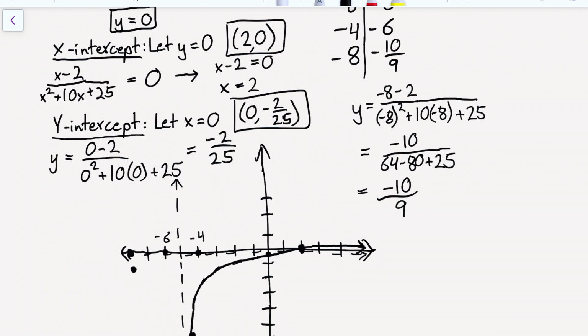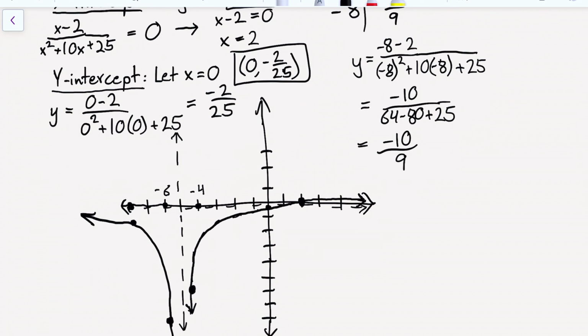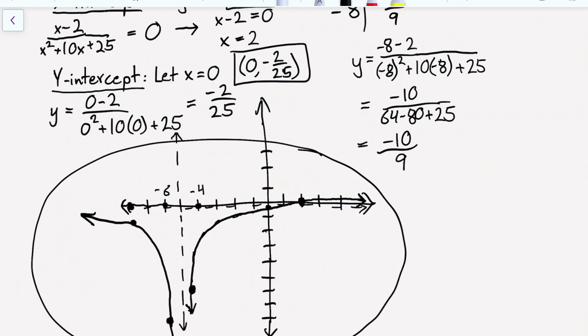So I'm going to adjust my graph just a little bit to make it as accurate as possible, passing through -6, -8, and now passing through -8, -10/9. Here is a good sketch of our rational function, and we made this sketch using only algebra and a table of values.